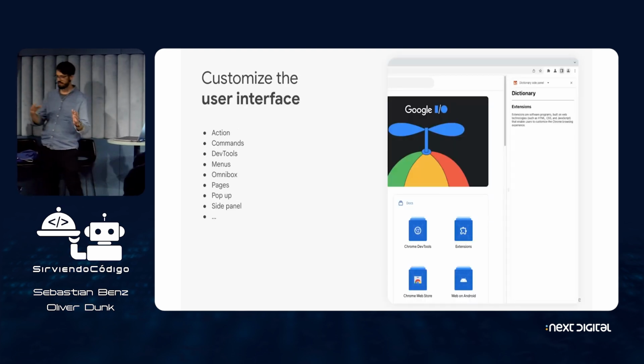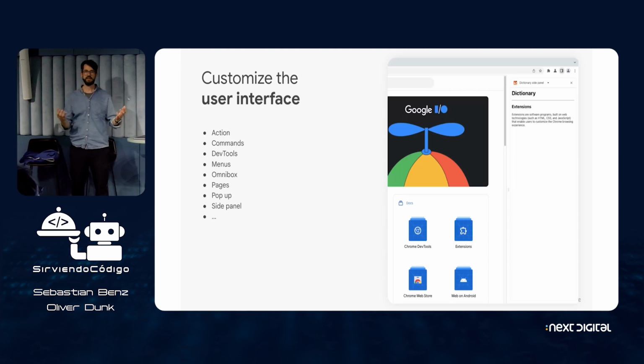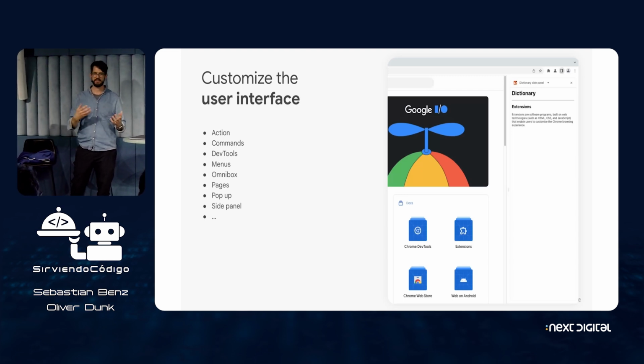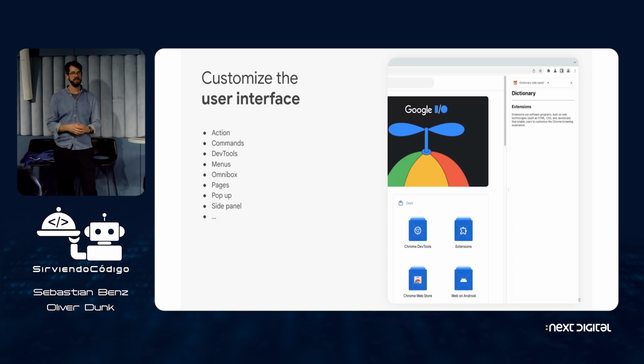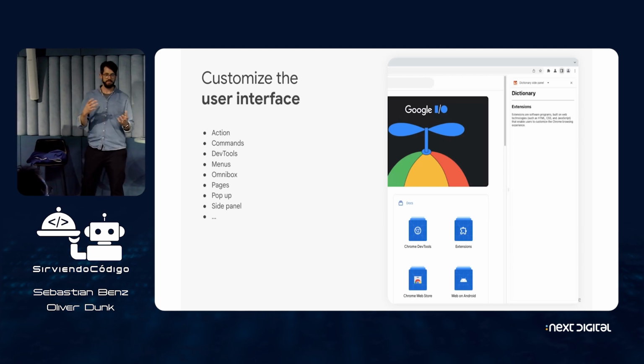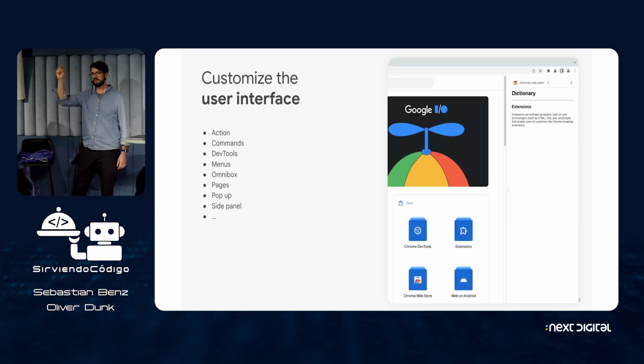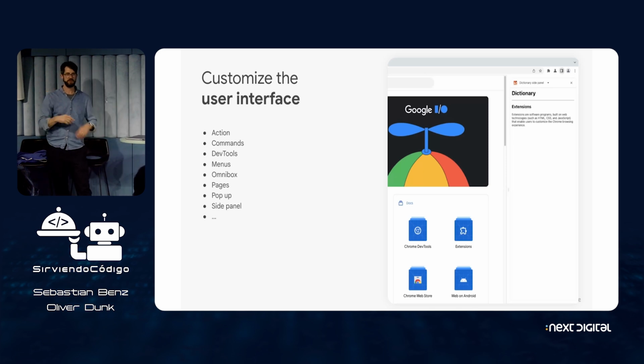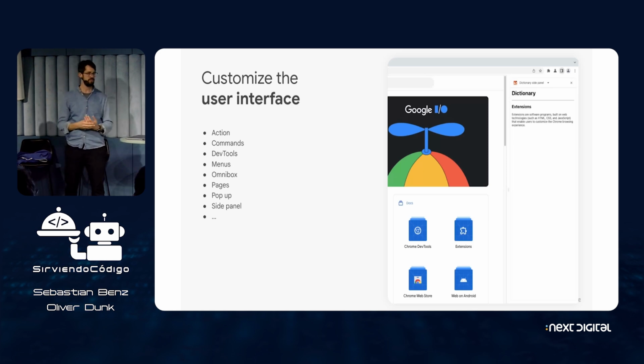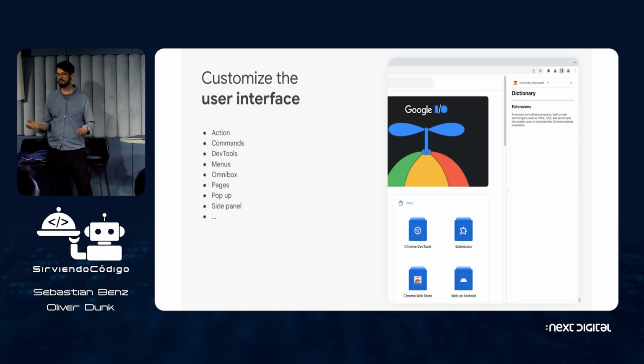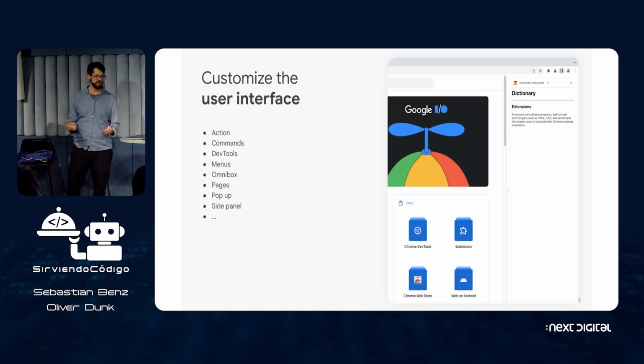And finally, the third big thing that you can do is you can customize the browser interface. So you can, for example, implement an action button. That's the extension button that you have in the top toolbar. So you can use it to trigger an action with your extension. You can add something to the context menu. You can listen to keystrokes.